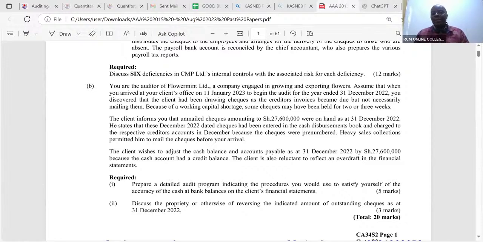So I would want them to give me a letter, could be an email, which I'll print and put in the audit file as a working paper. Yeah, I would want them to take it upon themselves here to confirm that whatever I'm seeing on the financial statements as cash at bank is the exact cash that existed at the year end.